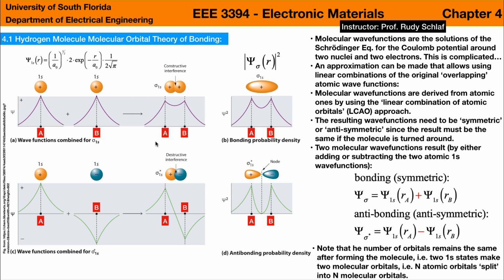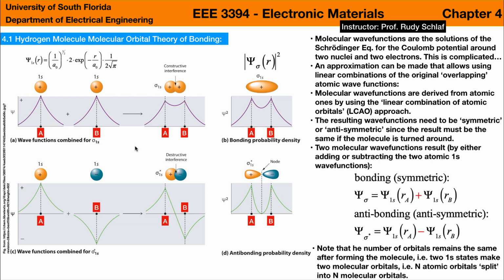At this point you're probably wondering, how do we get the molecular orbitals? Now the formal approach would be to solve the Schrödinger equation for this problem. So you put two electrons into the two Coulomb potentials of those two nuclei and then you solve it. It turns out that this is already pretty difficult because we have four potentials interacting here, the electrons and the nuclei, and one can only solve this numerically.